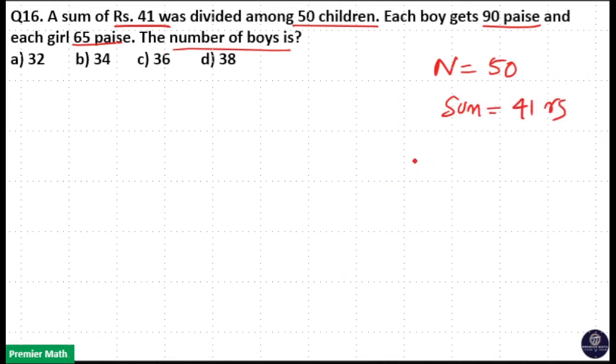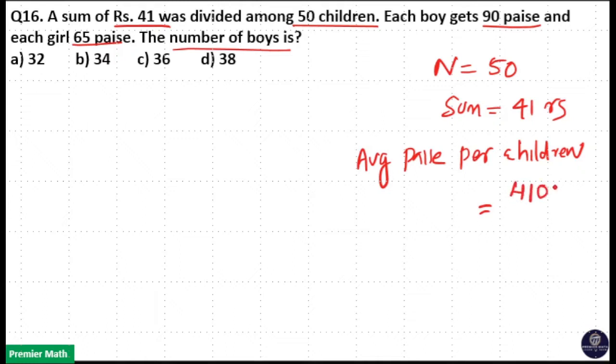That means the average paise per child is equal to the total, 41 rupees, that is 4100 paise, divided by the number of children, 50. That means this will be equal to 82 paise. So each child gets 82 paise.